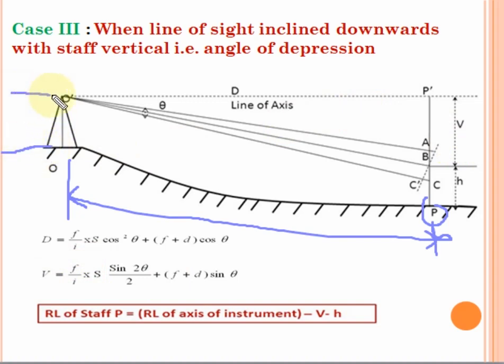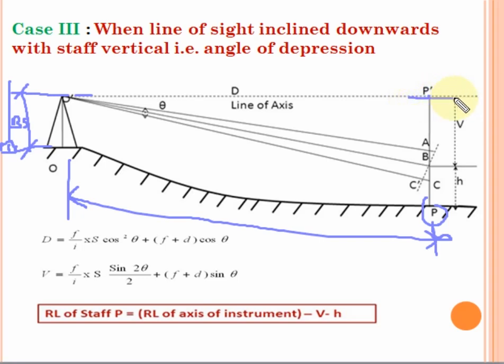So what do you require? First you have to find out the height of the instrument. How can you find out the height of the instrument? We know the benchmark. Over the benchmark you keep the staff and take the first reading, which is called the backsight reading. RL of the benchmark plus backsight reading gives the height of the instrument. This height of the instrument is constant up to this point.